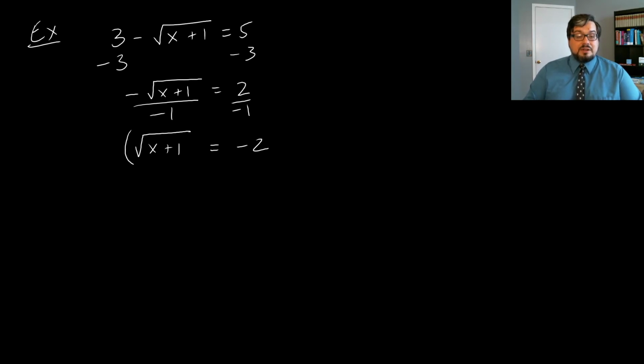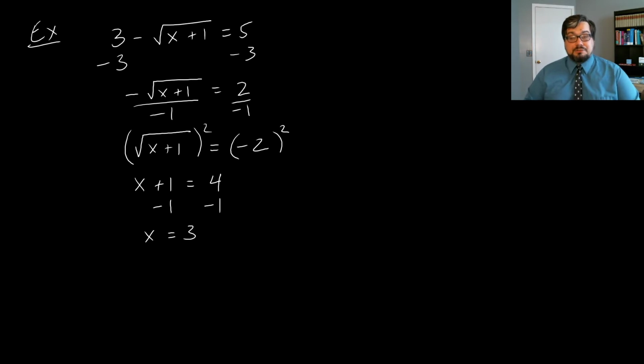So now we're going to square both sides and get x plus 1 equals negative 2 squared is 4. Now we can subtract 1 and get x equals 3 as our potential solution. Of course, we need to check this.